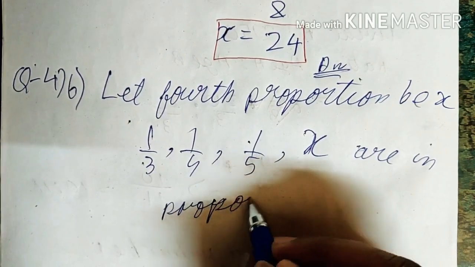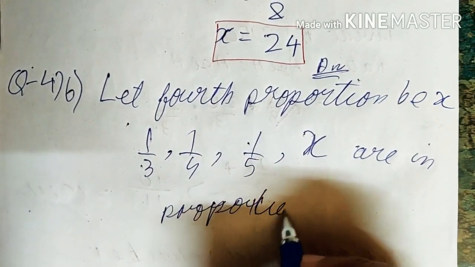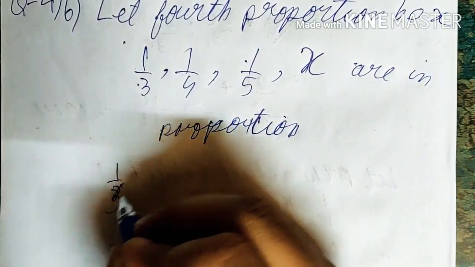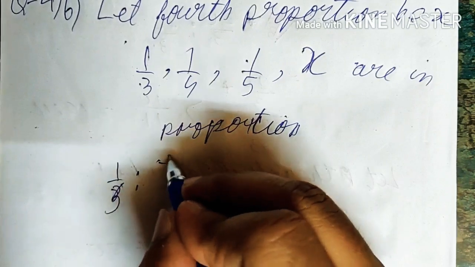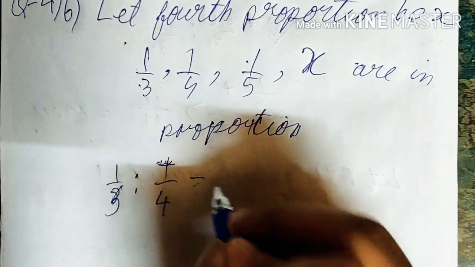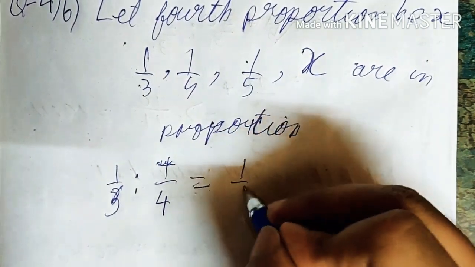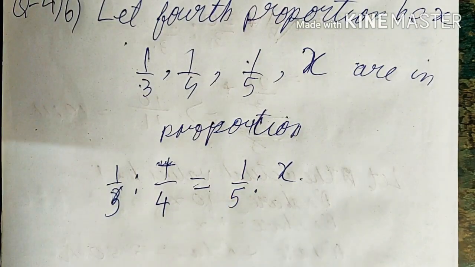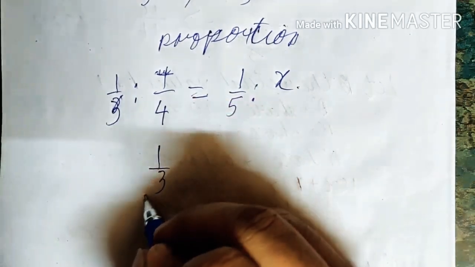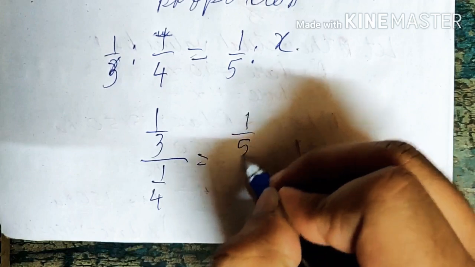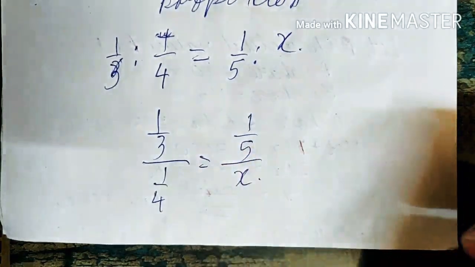Okay, so now these are in proportion. They being in proportion means that first is to second is equal to third is to fourth, and we have to find the fourth proportion, that is 1 upon 3 upon 1 upon 4 equals 1 upon 5 upon x.